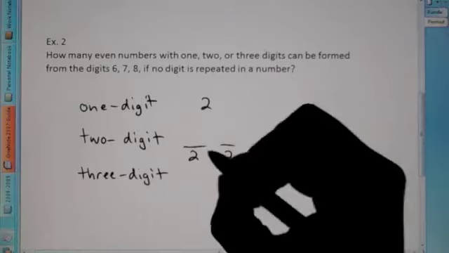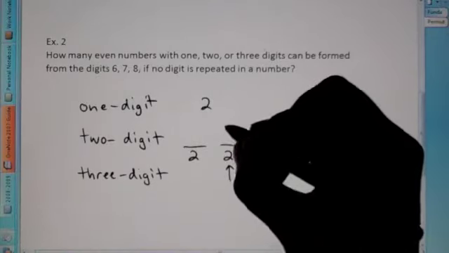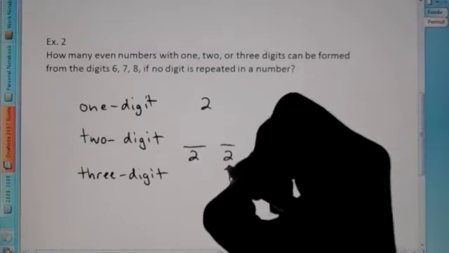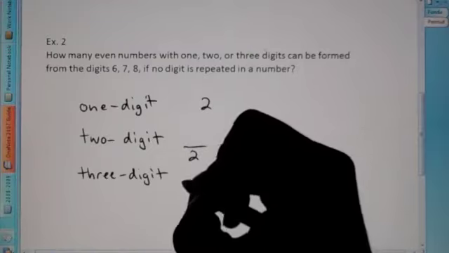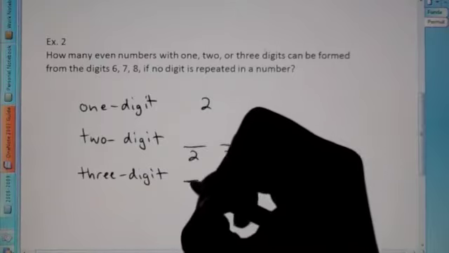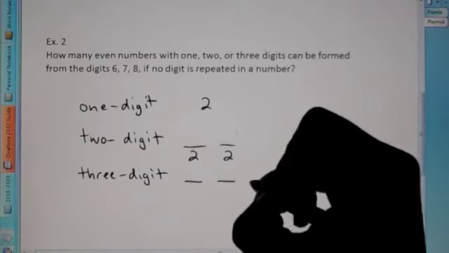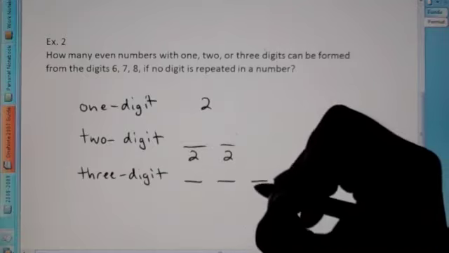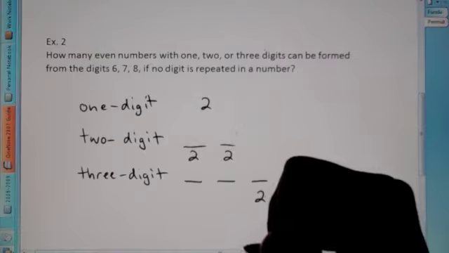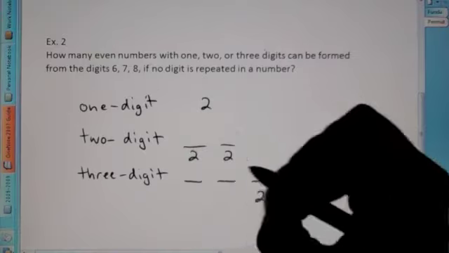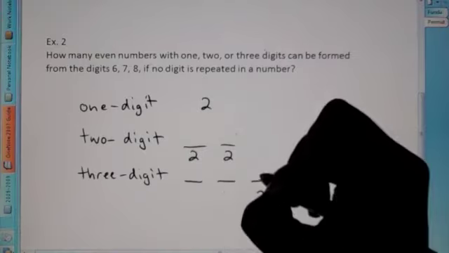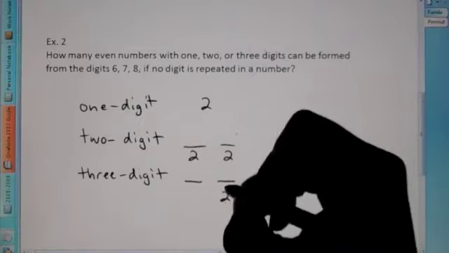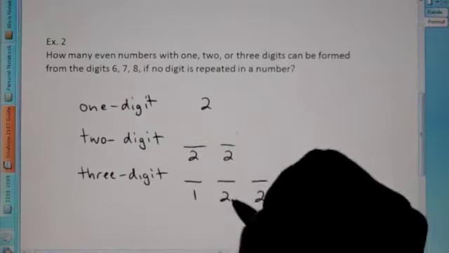For a 3-digit number, for it to be even, it has to end in a 6 or 8, which is 2 options. That leaves 2 other options for the middle. If this was a 6, this has to be 7 or 8, so that's 2 options. If you use one of those numbers, there's only 1 option left for the first number.